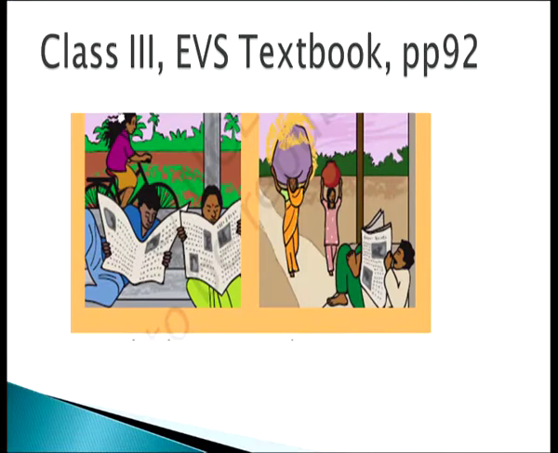So, this is the next picture. There are 2 families, Venu's family and Renu's family. This chapter is titled The Story of Food. In this chapter, children are asked to observe the picture carefully and then answer some questions.